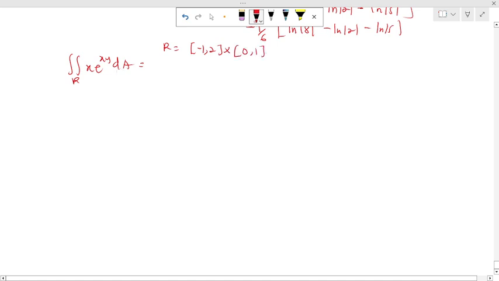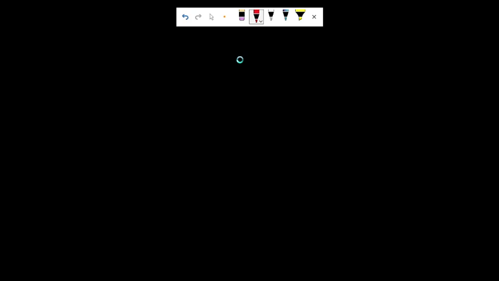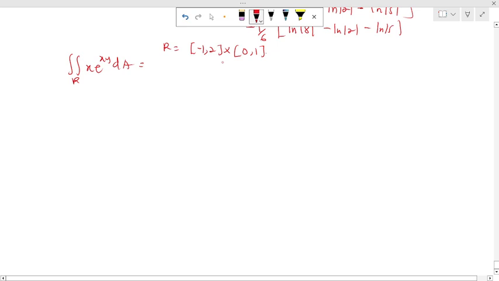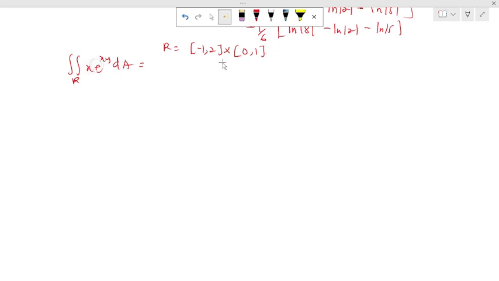Now, as I said, you have to choose either variable first. Our x coordinates are negative 1 to 2, and our y is 0 to 1. But looking at this function, you realize that integrating x first is going to be quite difficult compared to integrating y first.